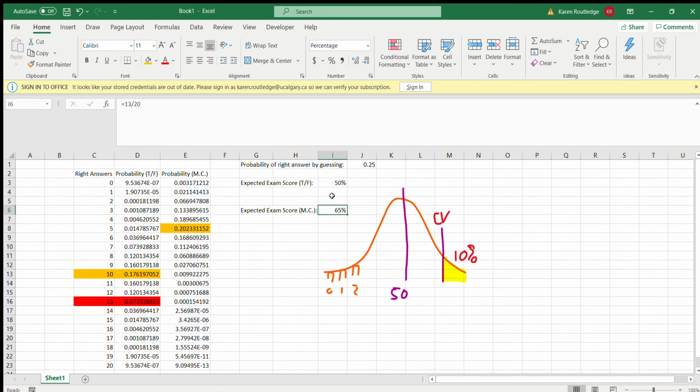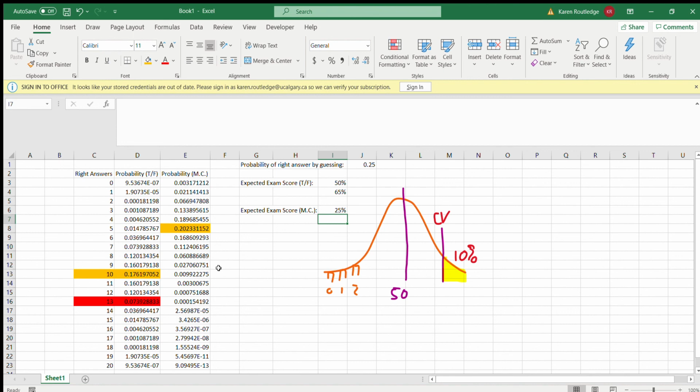I put this in the wrong place. That should be equal to 13 over 20, 65%. So our expected exam score for our multiple choice exam is 5 correct answers out of 20. So our student would only be expected to earn a 25% on the exam.